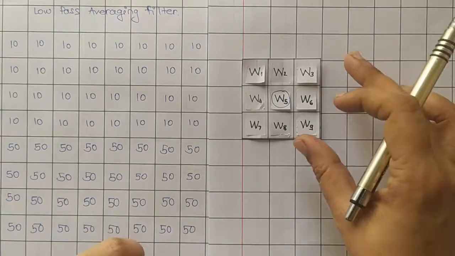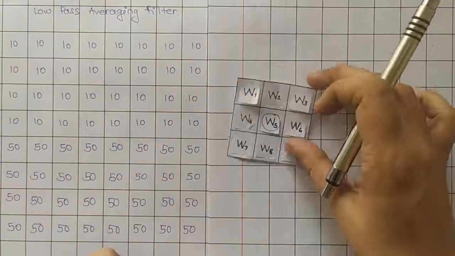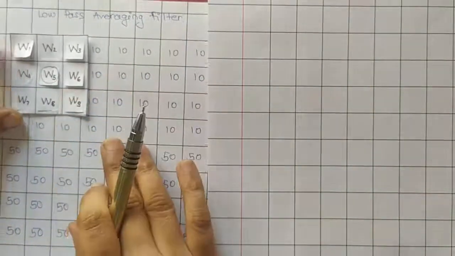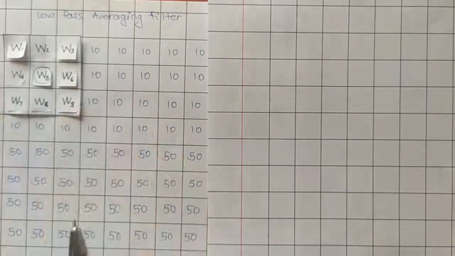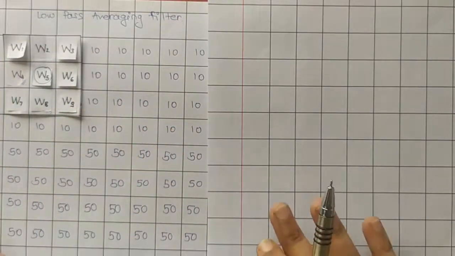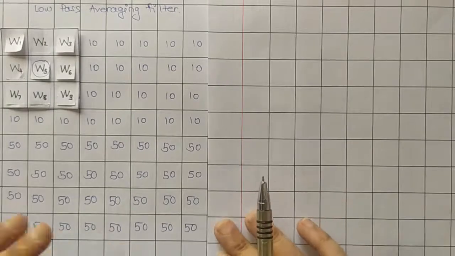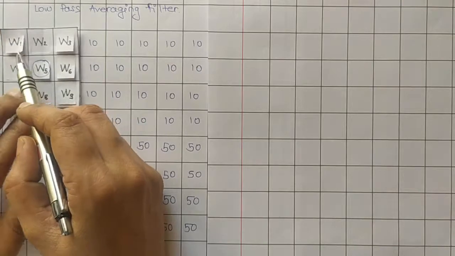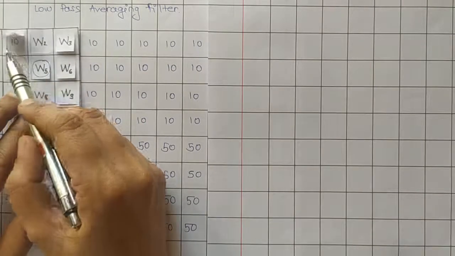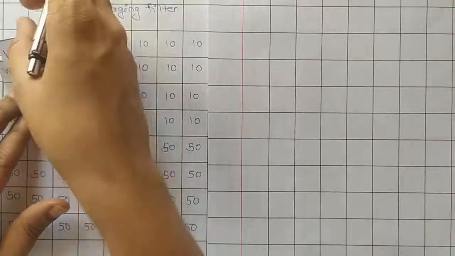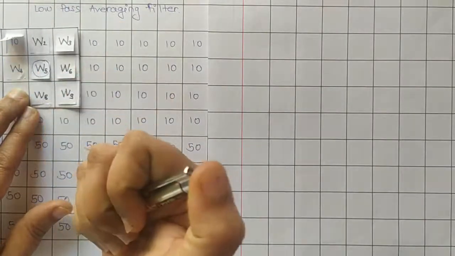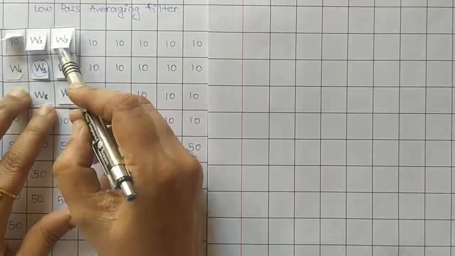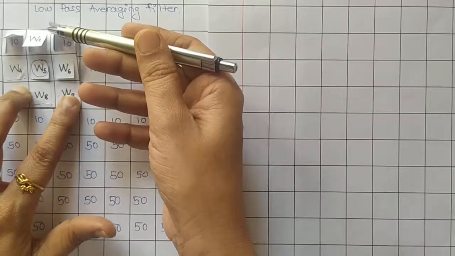As per the procedure, we have to keep this mask on the first pixel, like this. Then we multiply coefficient W1 with the first pixel value, coefficient W2 with the second pixel value, and coefficient W3 with the third pixel value.